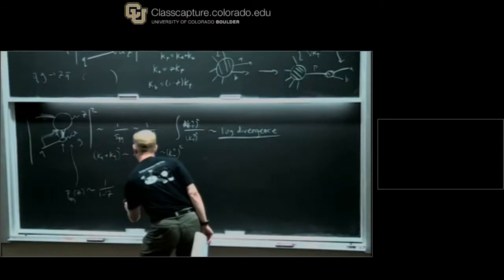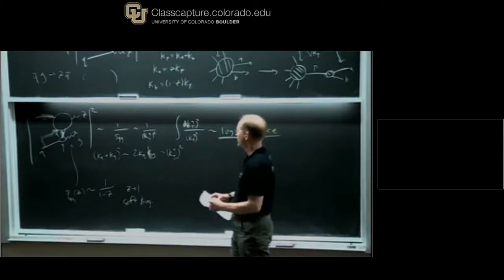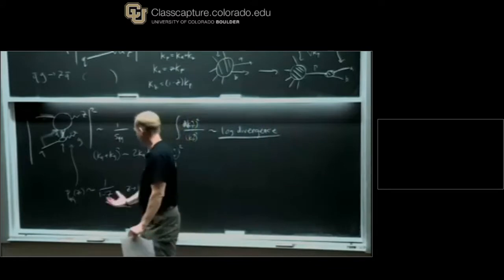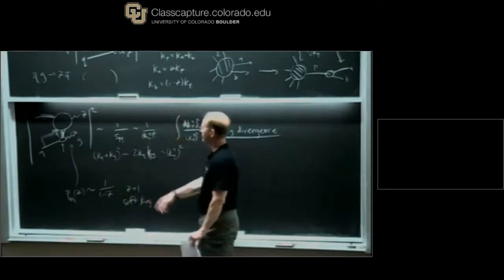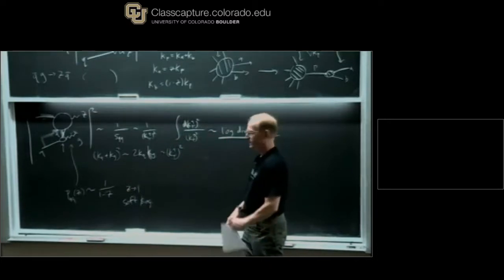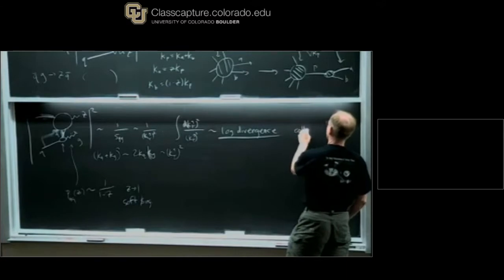And this is a soft singularity. So there's a region of integration where z goes to 1, where this thing diverges, and that will generate, so this generic one here is the collinear.